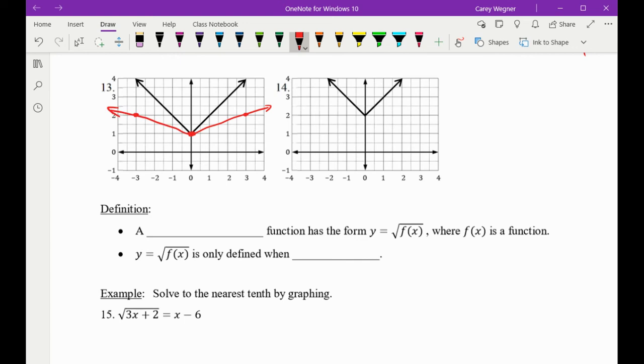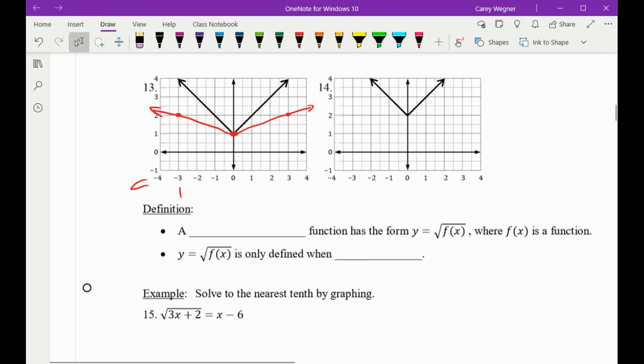As much as possible, I want to make it a smooth curve. So this is a case where if I was to look at what's the range of this function, my smallest y value is going to be a 1, but then it's going to go up infinitely. So this is one that I was referring to when we looked at the questions on the previous page, where don't assume that the minimum value for our range will always be 0.